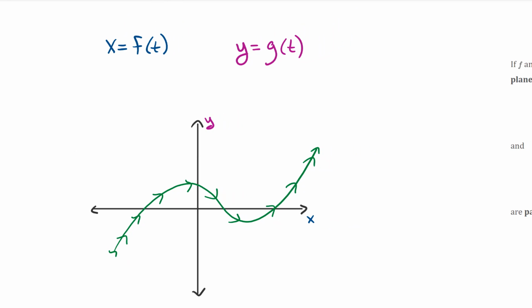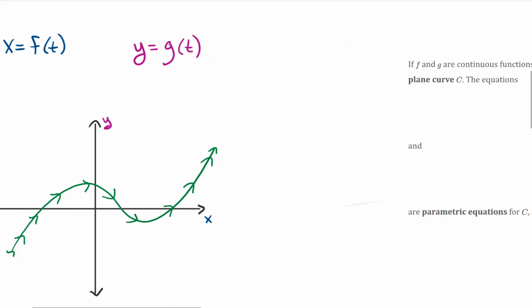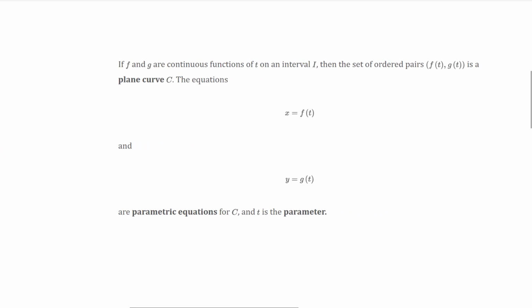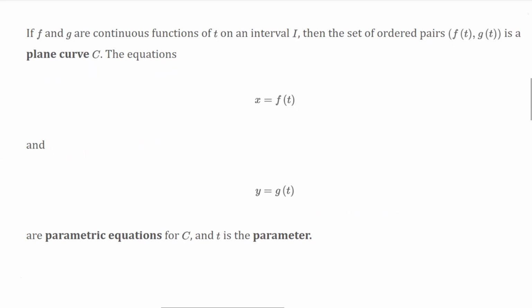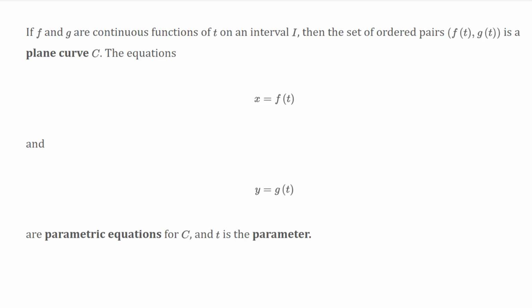Now that we had so much fun there, let's jump into the definitions. I've got to do it, right? We've got to talk for a second. If f and g are continuous functions of t on an interval I, just calm down, just let that go. Then the set of ordered pairs f of t, g of t, just go, x comma y.